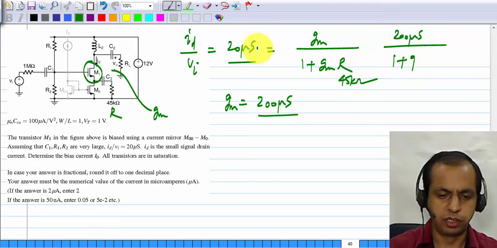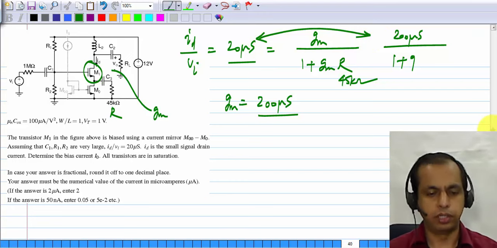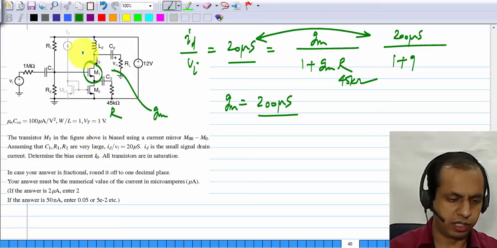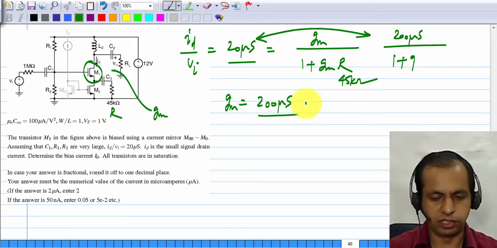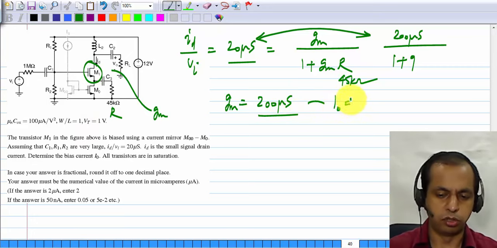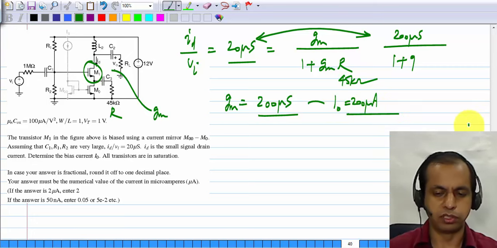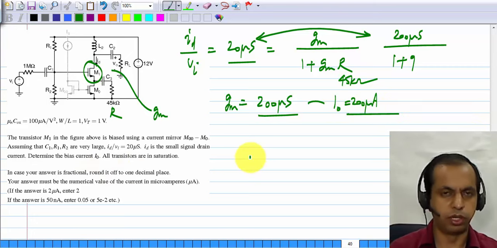So this will be 20 microsiemens. It will satisfy this equation. Okay, and you have to find the bias current I0, because it's the same bias current flowing through the transistor. You know that for GM of 200 microsiemens with these transistor parameters, you need I0 to be 200 microamperes. So the bias current I0 is 200 microamperes.